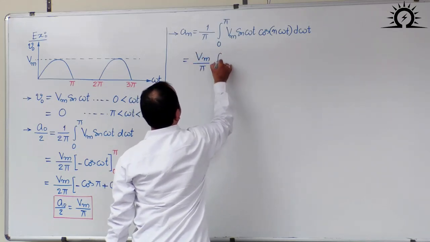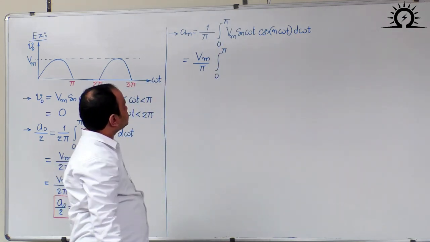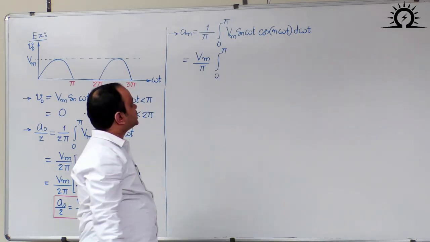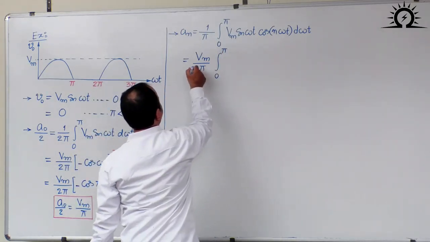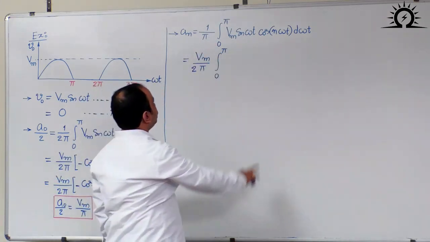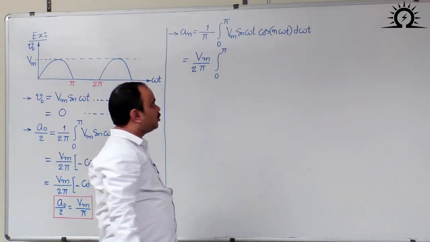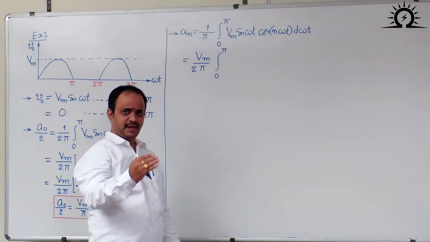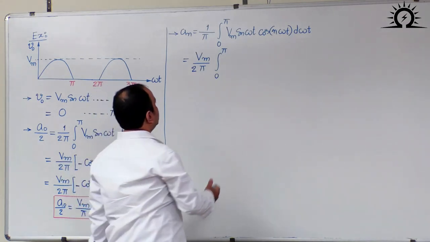Vm by pi integration from 0 to pi. Now this expression is similar to 2 sin A cos B. But as the 2 is not there, what we can do? Let us multiply and divide with 2. Therefore, what is the expression here? 2 sin A cos B. How can you write down 2 sin A cos B? That is sin of A plus B plus sin of A minus B.